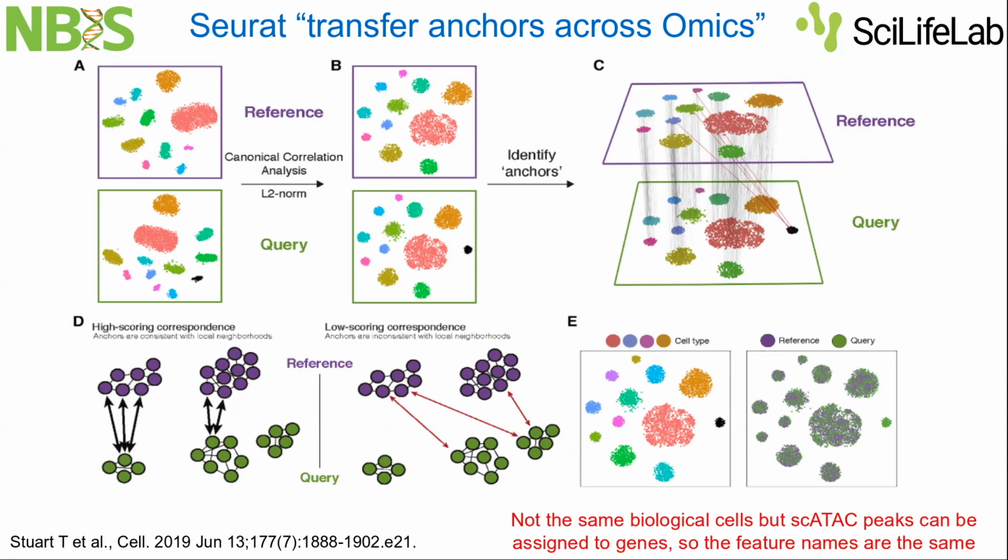The quantification comes from the ATAC-seq, but I call these features, a group of ATAC-seq peaks grouped around the gene, by a gene name. I assign a gene name to this group of ATAC-seq peaks. And this is how I map gene expression, so I have gene expression information from the same cells.